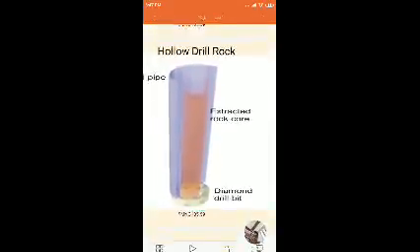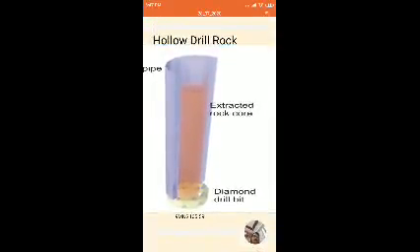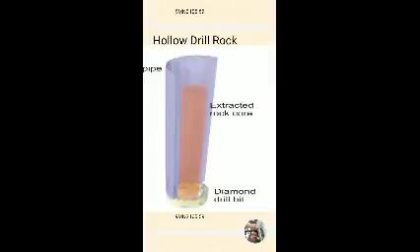Like this, right from the starting of the hole, this solid portion will be taken out by means of various devices known as single tube core barrels. Again, there are different types of core barrels.